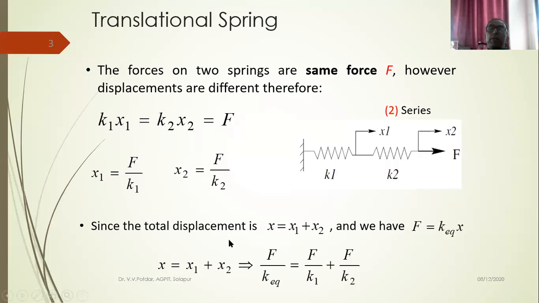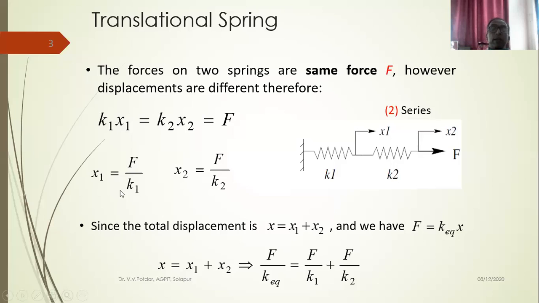Since the total displacement X is equal to X1 plus X2, and we have F is equal to K equivalent into X, this is the overall equation: force F equals equivalent spring stiffness K into X. Let us find the overall displacement X for springs that appear in series but are parallel in Raven's nomenclature. X is equal to X1 plus X2.